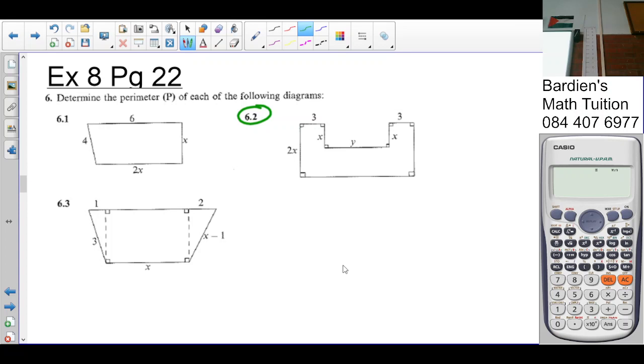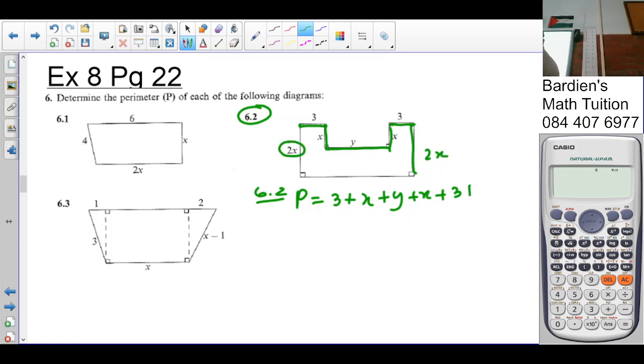So let's look at 6.2. Right, let's go. P is equal to, start here: 3 plus x plus y plus x plus 3.